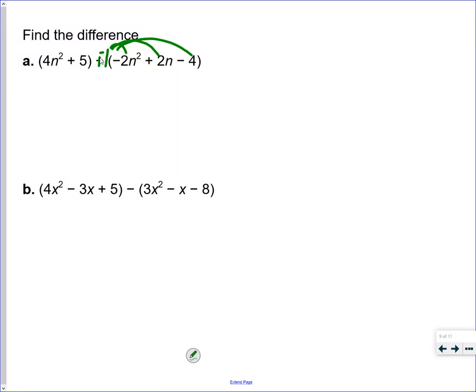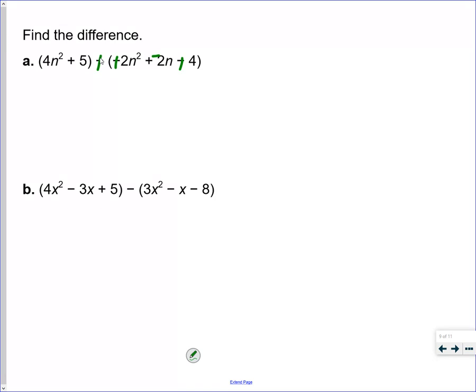But distributing a negative 1 doesn't do anything except change the signs. Instead of doing that distribution and having to rewrite the problem, I talk about it like adding the opposite. So I'm going to change this to adding. And then everything in the parentheses after it has to change to the opposite. So if it's a negative, it changes to a positive. If it's a positive, it changes to a negative. And that'll change to a positive. It's exactly the same as just distributing a negative 1.